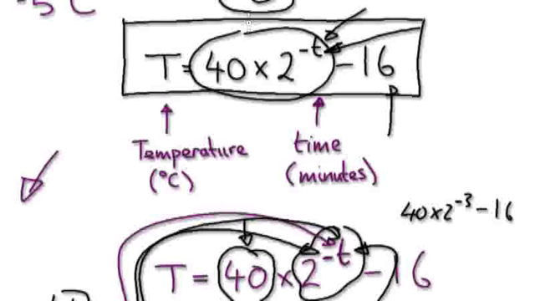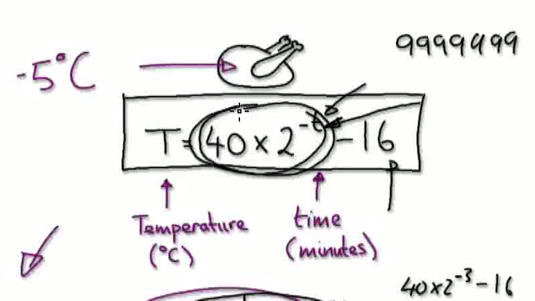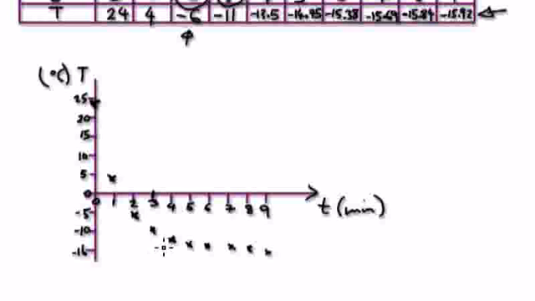Let's say you put the chicken in the freezer for 9,999,999,999 minutes, and this whole thing here would tend towards 0, and in effect you will have 0 take away 16. That's why it's heading towards minus 16. So as you go on, it heads towards minus 16. It won't go beyond minus 16.